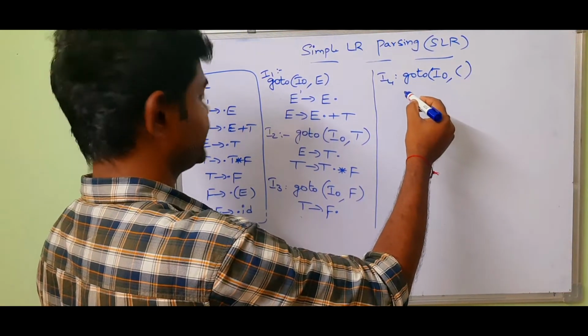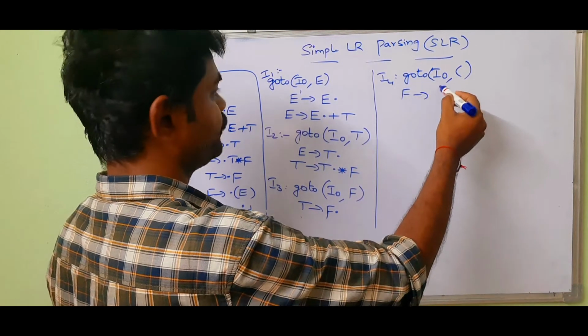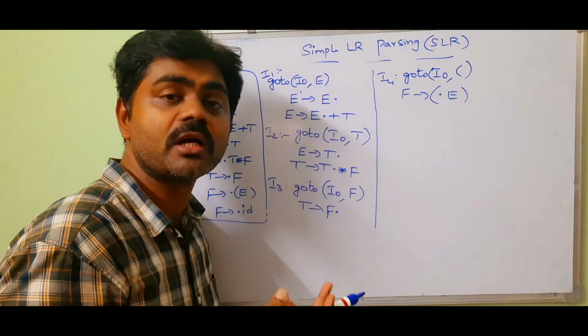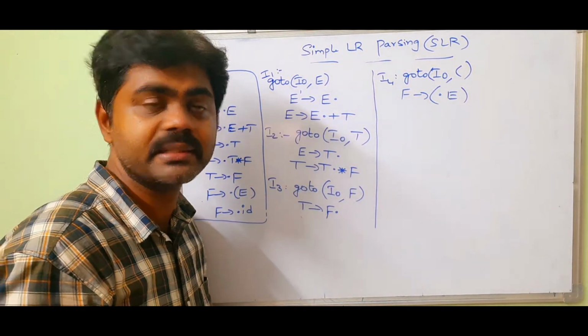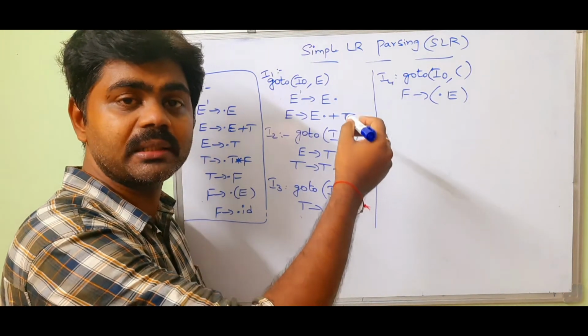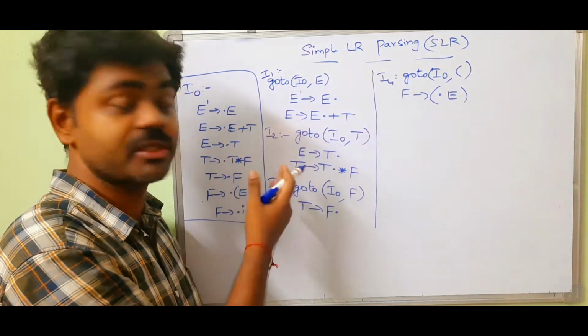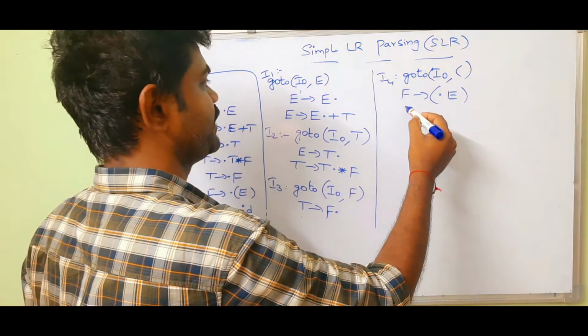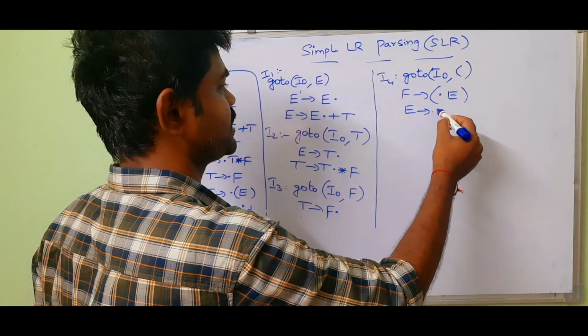Okay, so what we get here? F tends to dot E. So as I said, after dot we have a non-terminal, right? So now I should write all the productions of E starting from here. So E tends to dot E plus T. So I should write everything. E tends to dot E plus T.